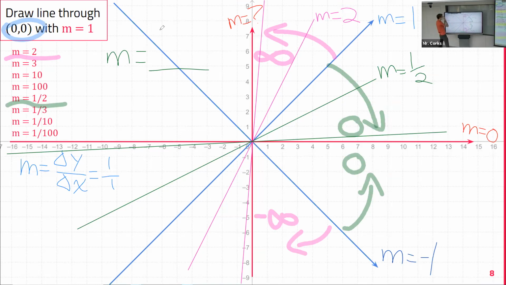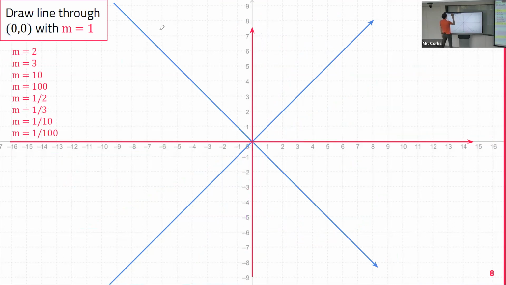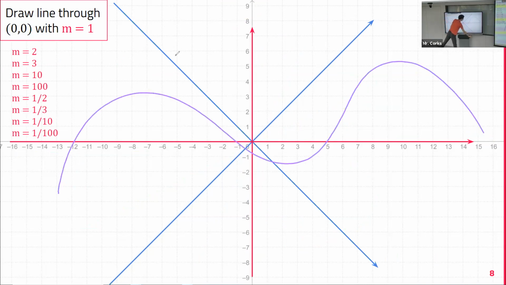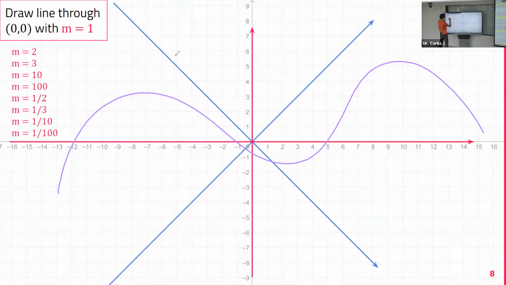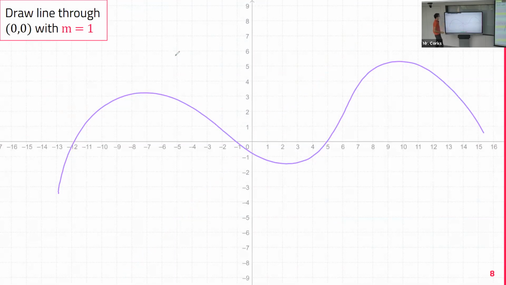I know it's not really hard to think about this for straight lines, but if we were looking at some sort of curved function like this, then what we really want to be able to do is pick any point on this line, like right here, and make a guess: what does the slope look like there?